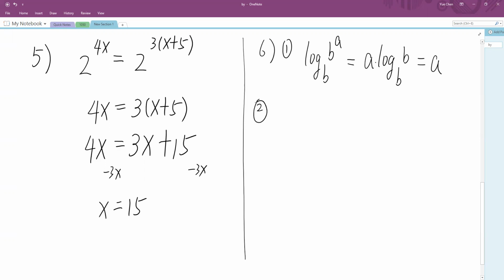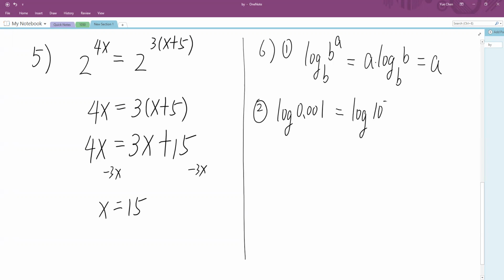The second one, which is log 0.001. Okay, we know that log means what? The base is 10, right? If you just write down the log, the base is 10. So here 0.001 equals what?